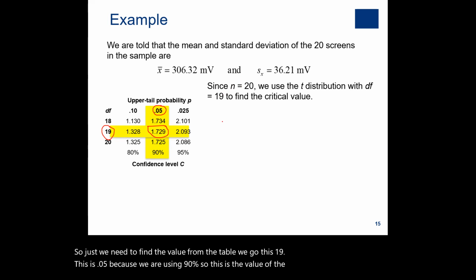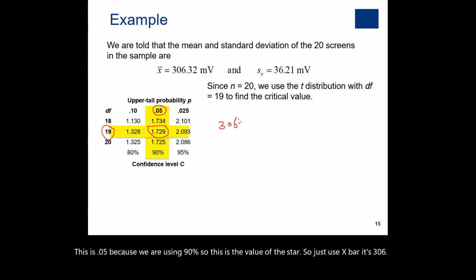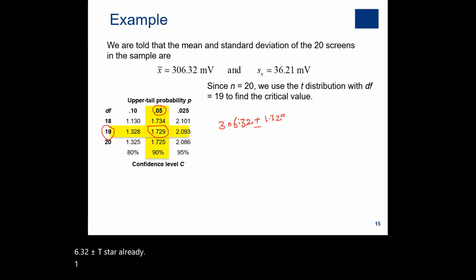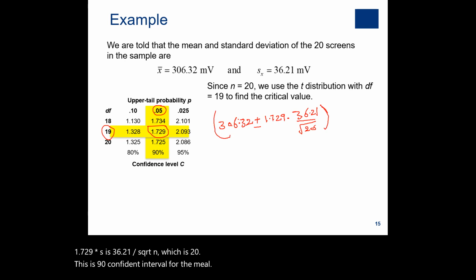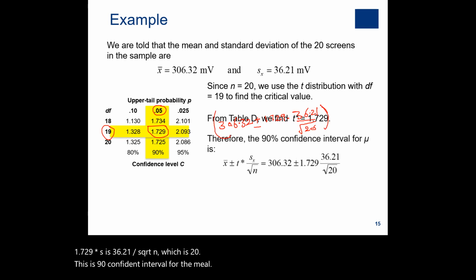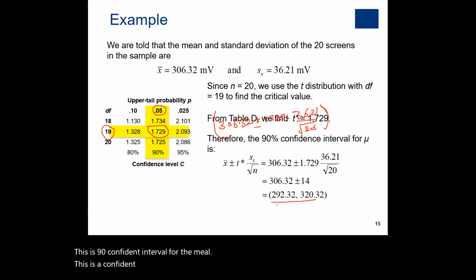So we use X bar is 3066.32 plus or minus T star, already 1.729, multiplied by S, which is 36.21, over square root of n, which is 20. This is the 90% confidence interval for mu, a confidence interval for the mean.